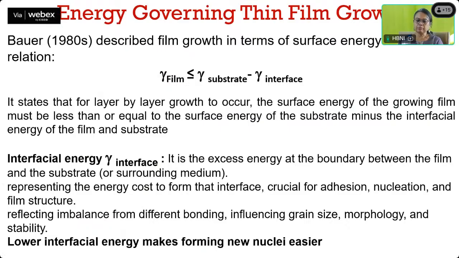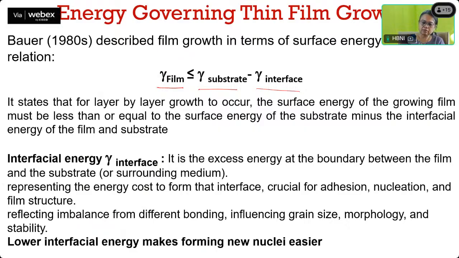So the film growth in terms of surface energy can be described by the energy of the grown film, the energy of the substrate, and the interface. For layer by layer growth, the surface energy of the growing film must be less than or equal to the surface energy of the substrate minus the interfacial energy of the film and the substrate.